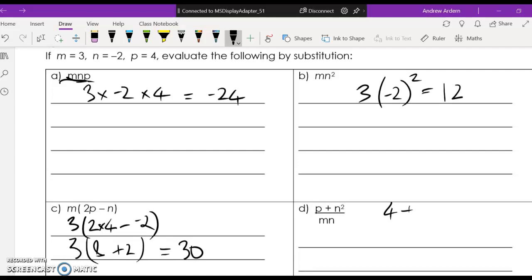Letter D. P is 4. N squared is going to become 4. Divided by N times M times minus 2.